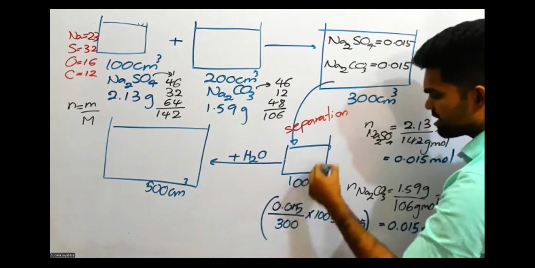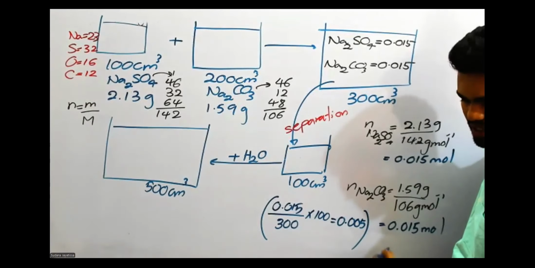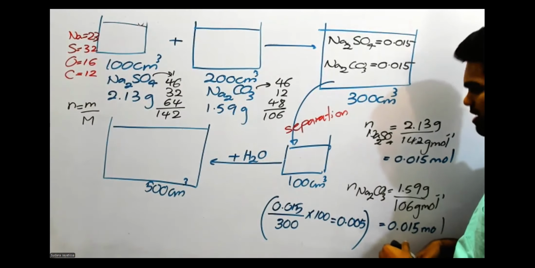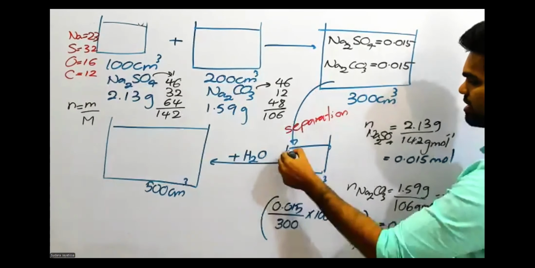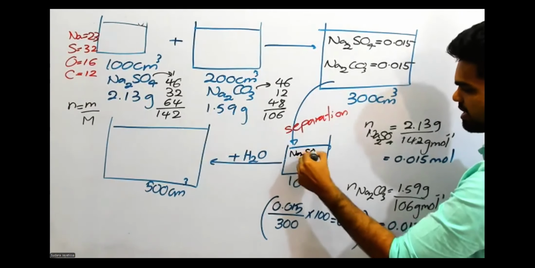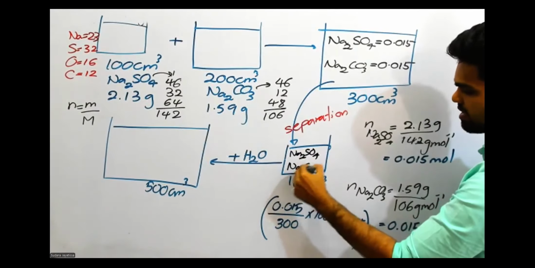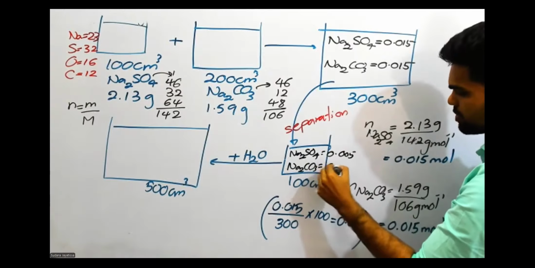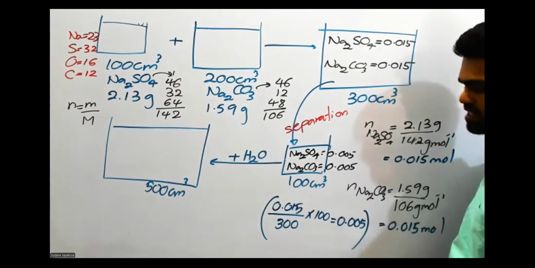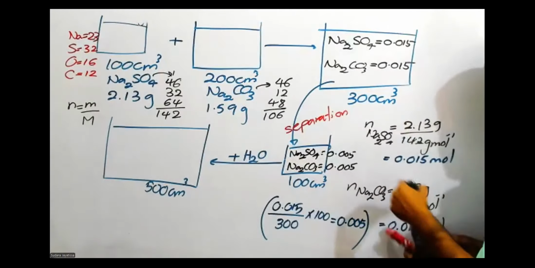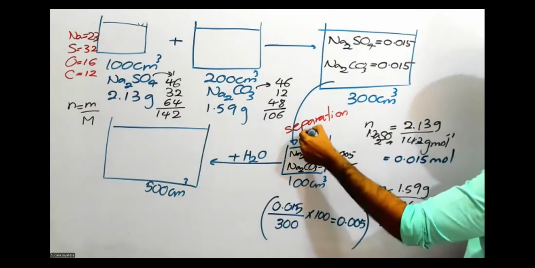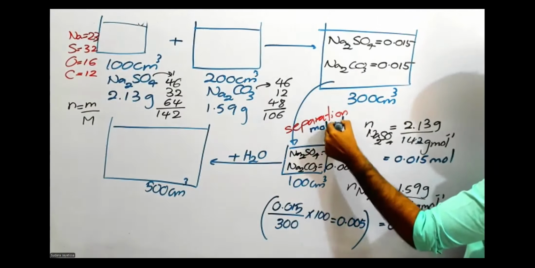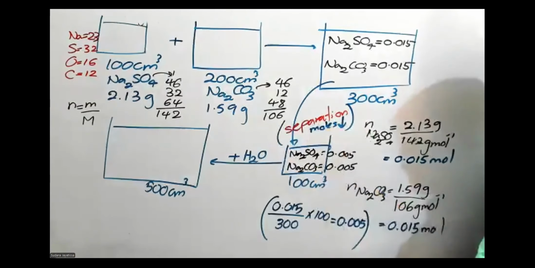This is the number of moles of compound that is containing each substance. So from sodium sulfate and from sodium carbonate, you have 0.005. From this also 0.005. That is separation. During separation, number of moles decreases. You can write that: moles decrease during separation.